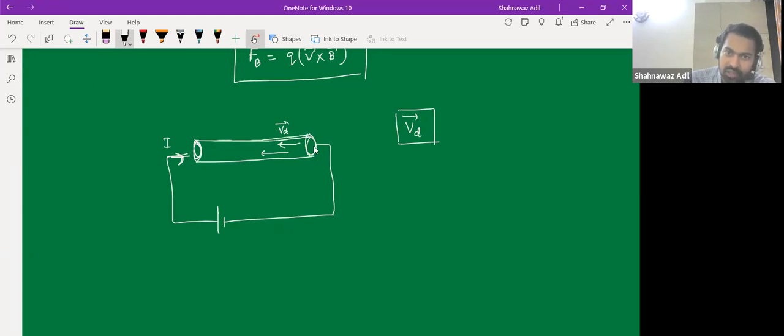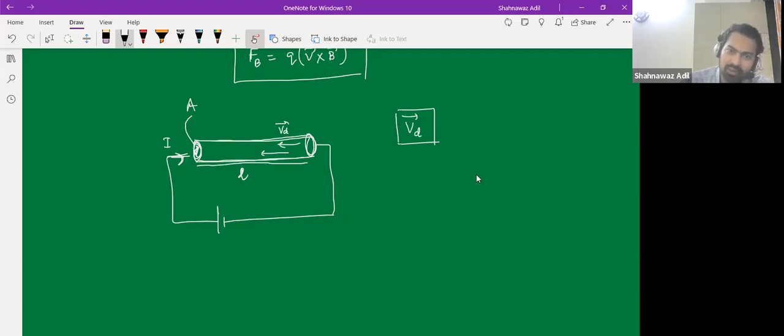So this is a cylindrical wire, right? This is the area of cross section A, and this distance, let me write it as L. So this is the length of the wire.